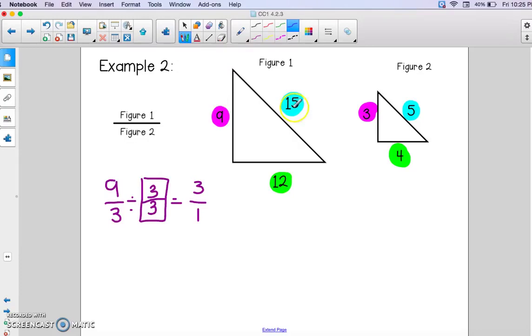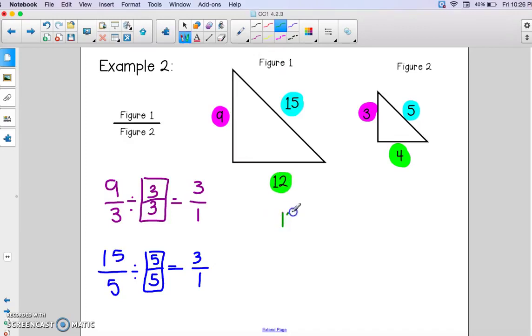Now we're going to go ahead and check that second side length. We have 15 and 5. So 15 goes on top, 5 on the bottom. I'm going to set up my giant 1. What number goes into both 15 and 5? That would be 5. 15 divided by 5 is 3. 5 divided by 5 is 1. So there's that one. We again have a 3 to 1 ratio.